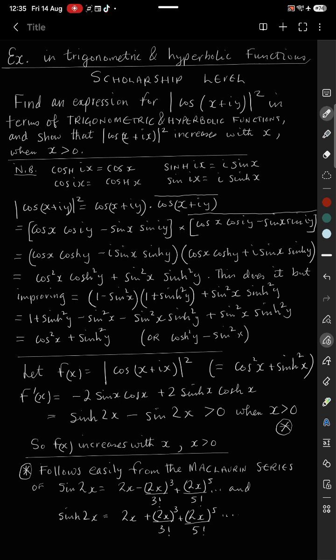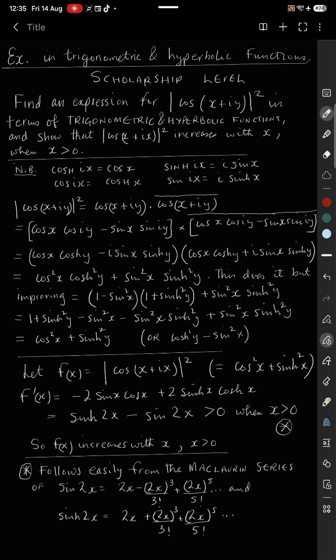Multiplying that out, we get 1 plus sinh squared y minus sin squared x minus sin squared x sinh squared y plus sin squared x sinh squared y, which simplifies to cos squared x plus sinh squared y, or equivalently cosh squared y minus sin squared x. So that does the first bit.